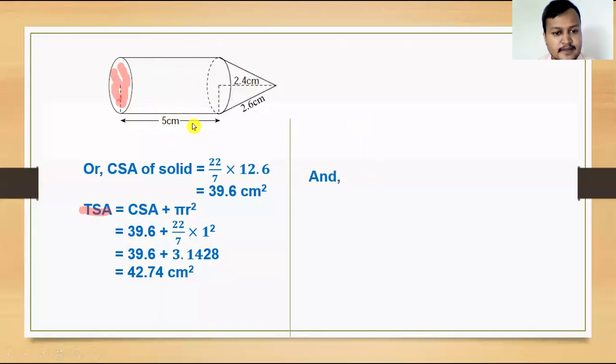Volume of cylinder is pi r square h. In place of h, we assume this one to be h1. So here we put pi r square h1 plus the height of cone, we said it is h, so volume of cone is 1 by 3 pi r square h, and volume of cylinder is pi r square h1 because its height is h1.